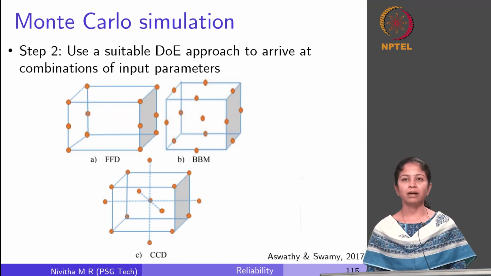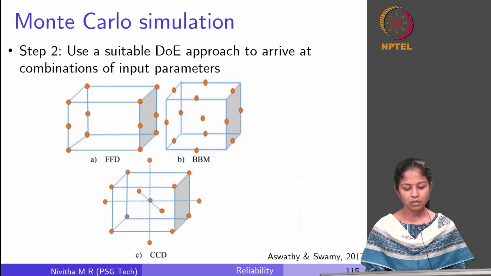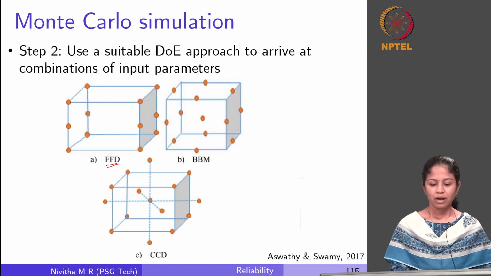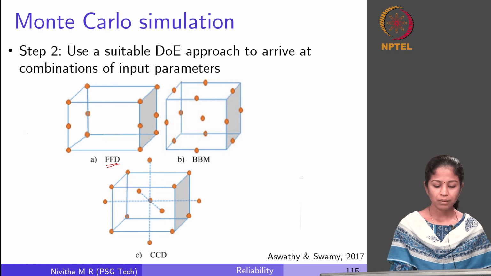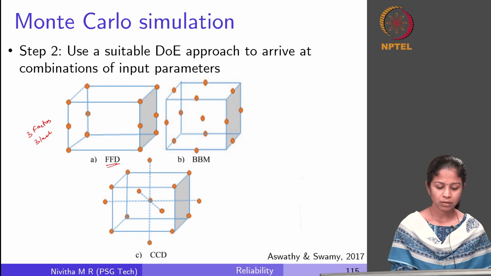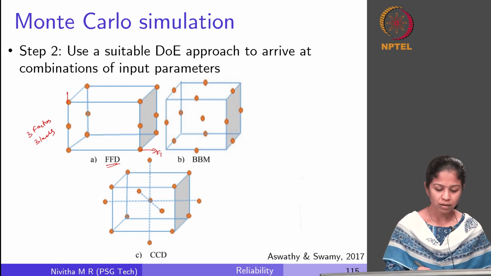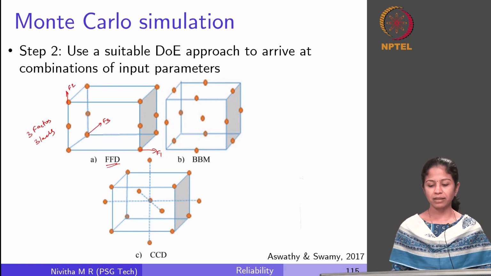Now, there are different approaches which use different methods to reduce the number of combinations. One is called a full factorial design wherein all the combinations will be considered. This is a case which indicates 3 factors and 3 levels. This is my factor 1, this is my factor 2 and this is my factor 3, right.